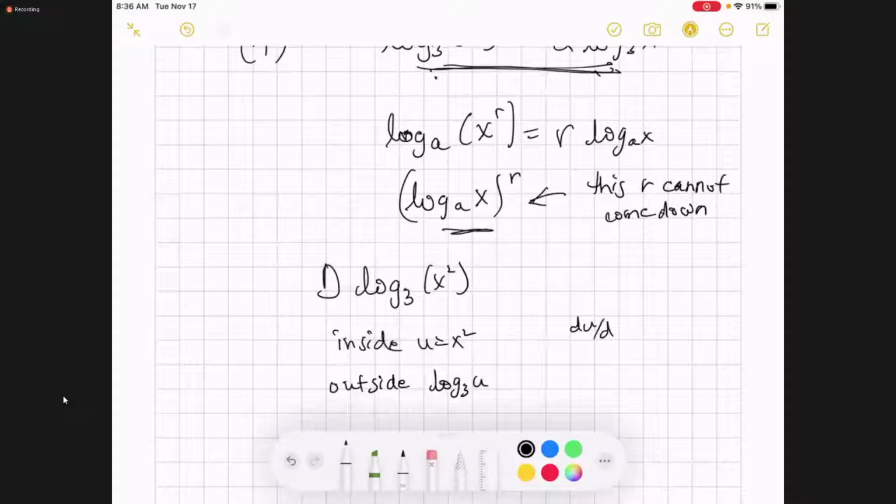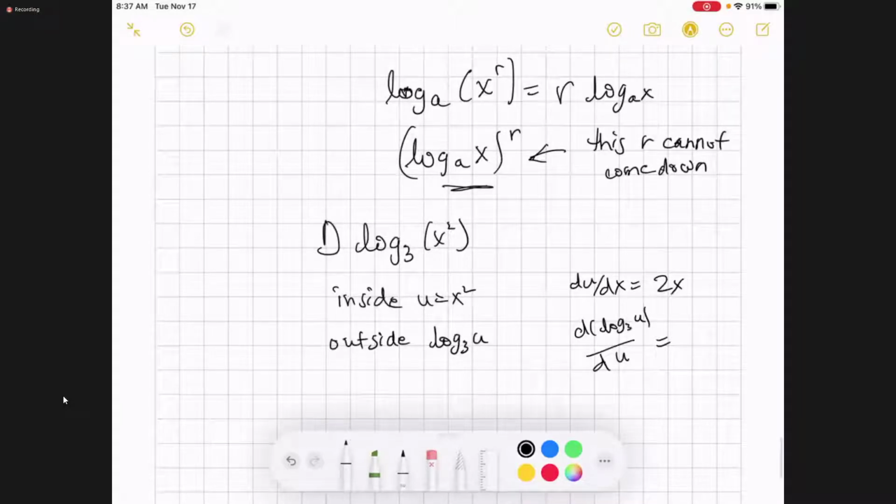du/dx would be 2x, and the derivative of log base 3 of u with respect to u would be 1 over u ln 3. So this derivative is 1 over u ln 3 times 2x, and u is equal to x squared.